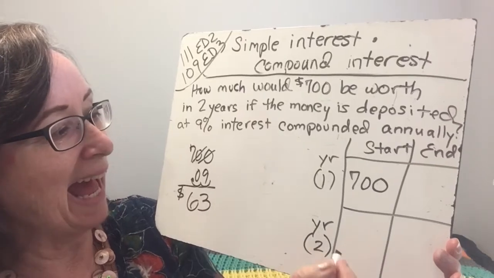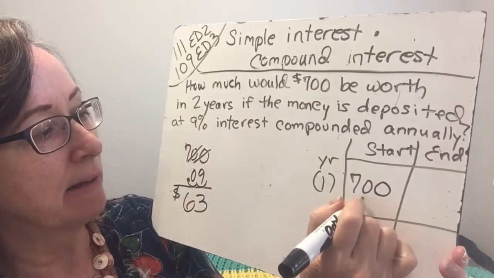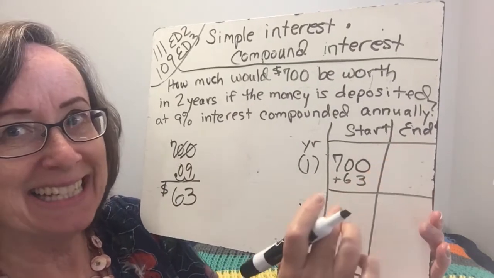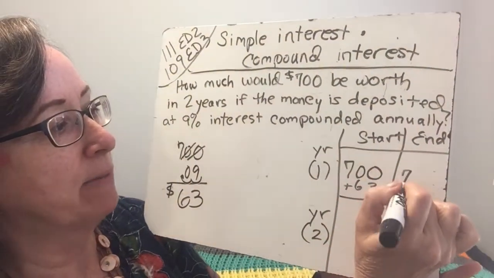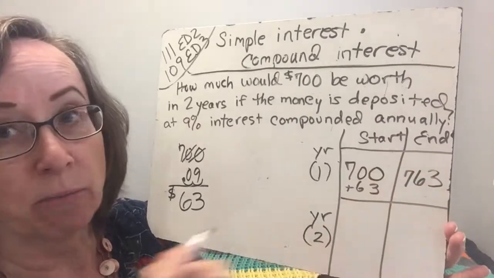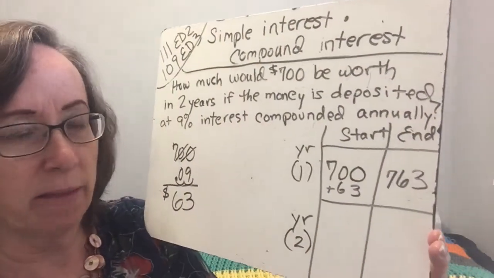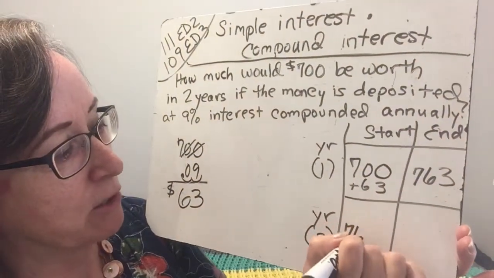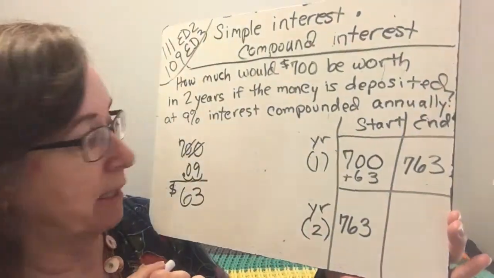So we're going to add the 63 here to get the ending of the year amount. So that's going to be $763 that we're going to end the year with, which means that the start of year 2 is going to start with $763.